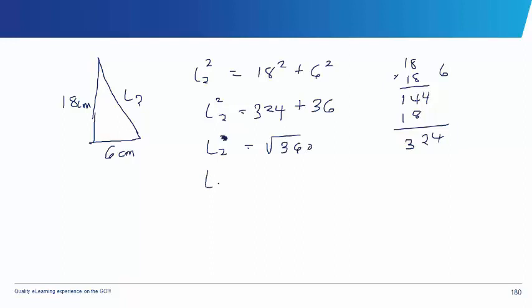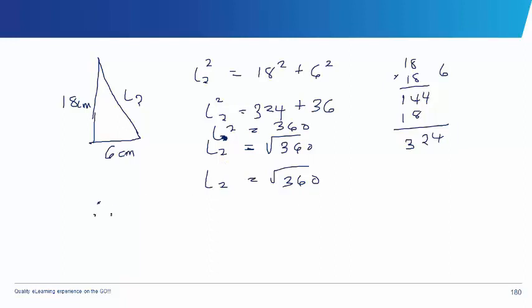So L2 is equal to square root of 360. You take square roots and then you arrive to this point.